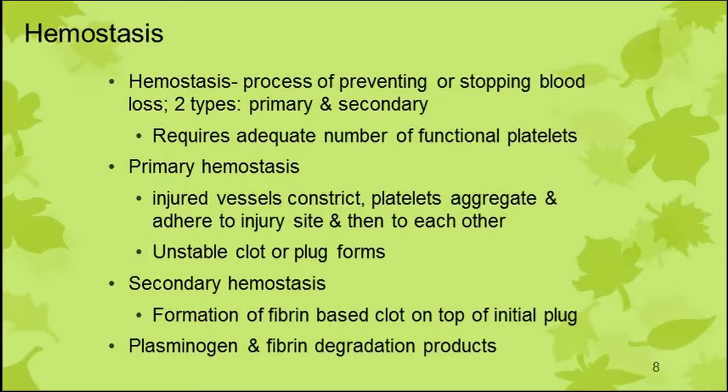So that's how the body breaks down that clot. Plasminogen is stimulated, and then plasminogen begins to break down the fibrin clot into byproducts known as fibrin degradation products, or FDPs. Those FDPs are then released into circulation. They are actually reabsorbed by the body.